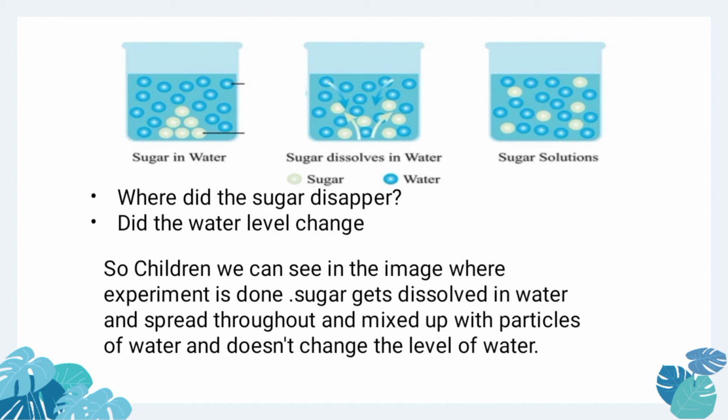Children, we can see in the image where the experiment is done, sugar gets dissolved in water, spreads throughout and gets mixed up with the particles of water, and doesn't change the level of water.